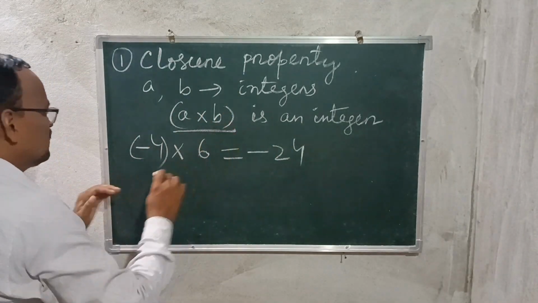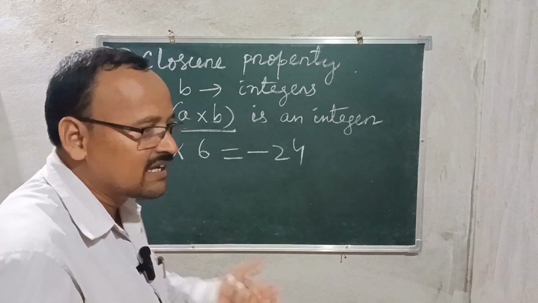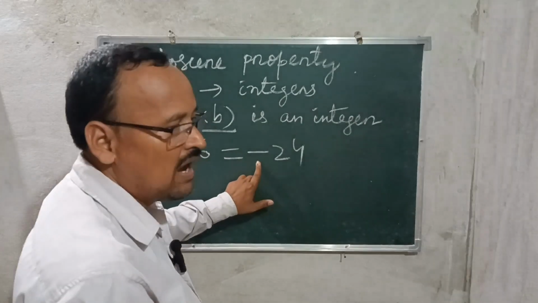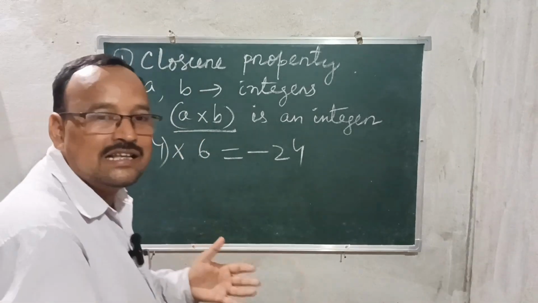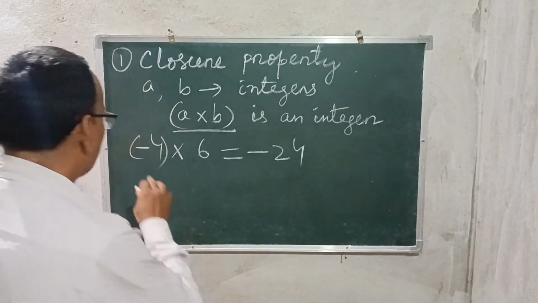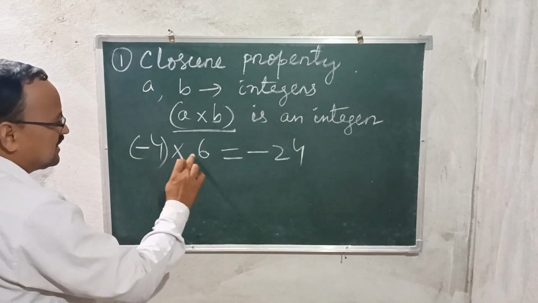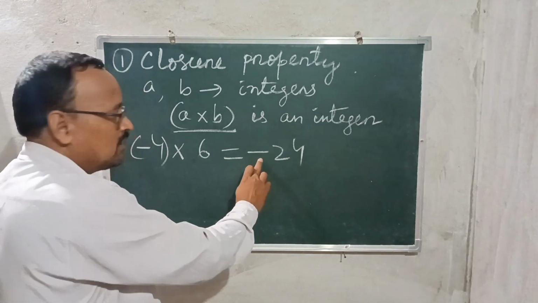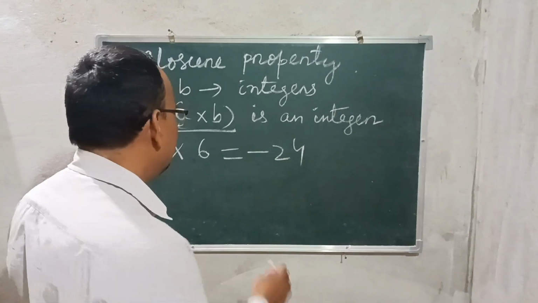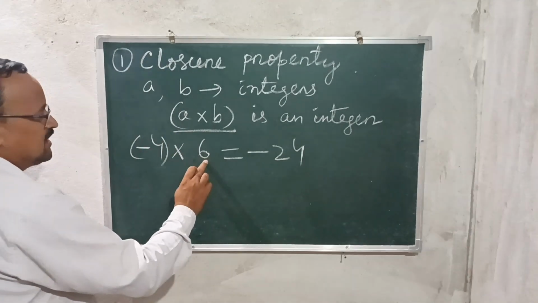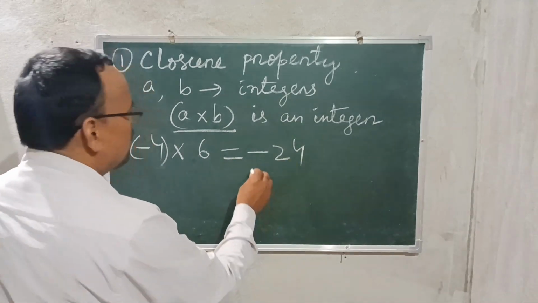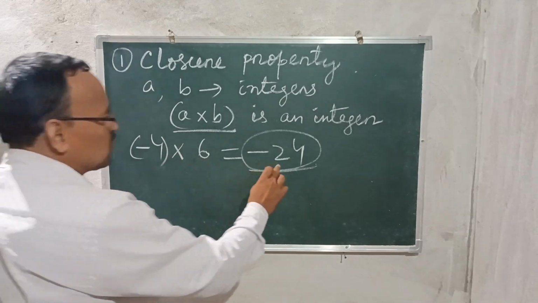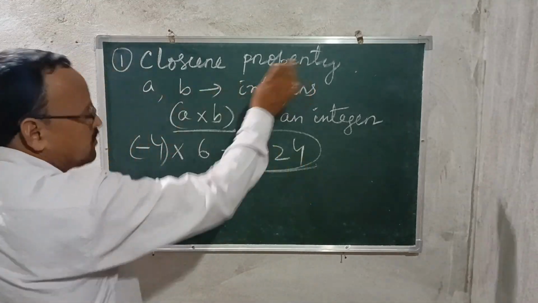When two signs are like, the product is plus, and when two signs are unlike, the product is minus. Here the signs are unlike, so the sign will be minus. -4 into 6 is equal to -24, and -24 is also an integer. So the product of two integers is also an integer. This is the closure property.